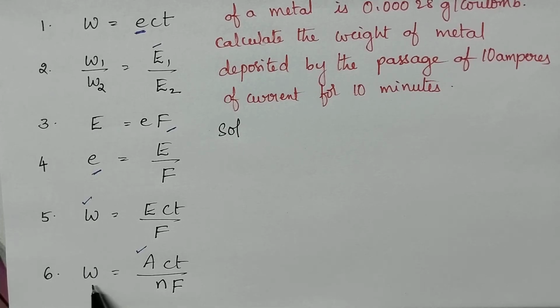So by using this expression, W is equal to capital A into C t by N into F, where A is the atomic weight of the element and N is the valency of the element. Is it clear, students? These are a few expressions related to Faraday's first and second laws.